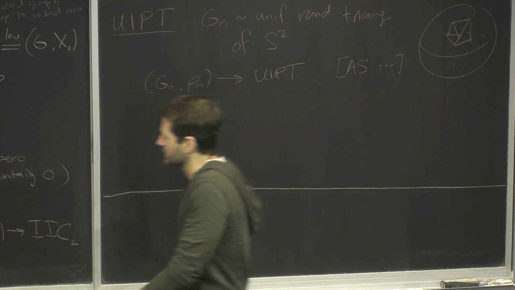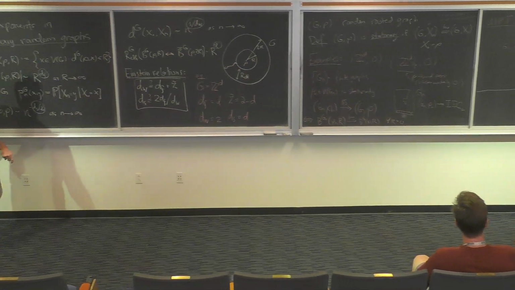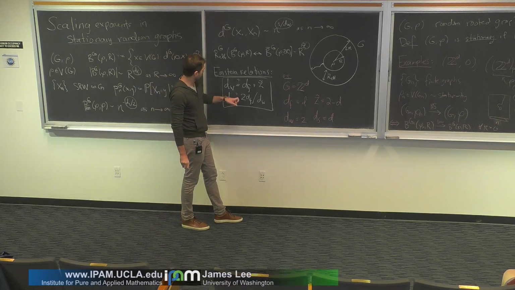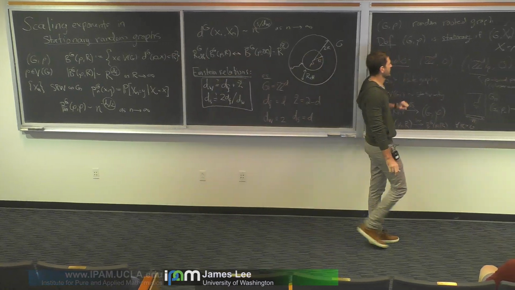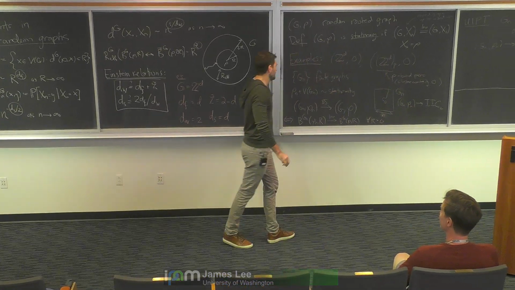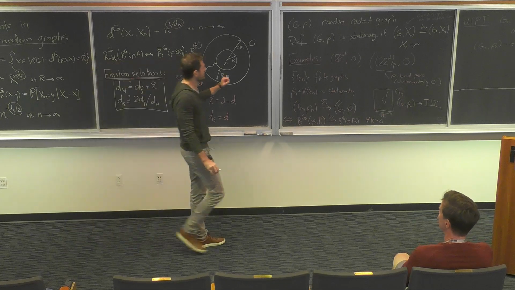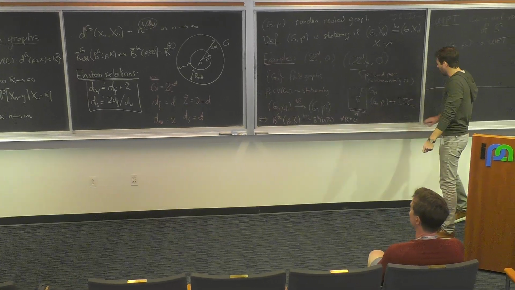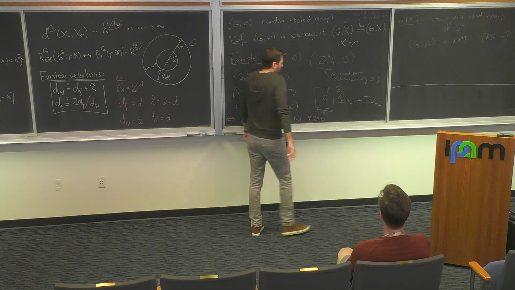Okay. So there's a rich family of such examples, and I'll mention more in a second. So now we have the setting of stationary random graphs, and here are some examples. In all of these examples, I'll tell you about what happens for the IIC and d large in a moment.